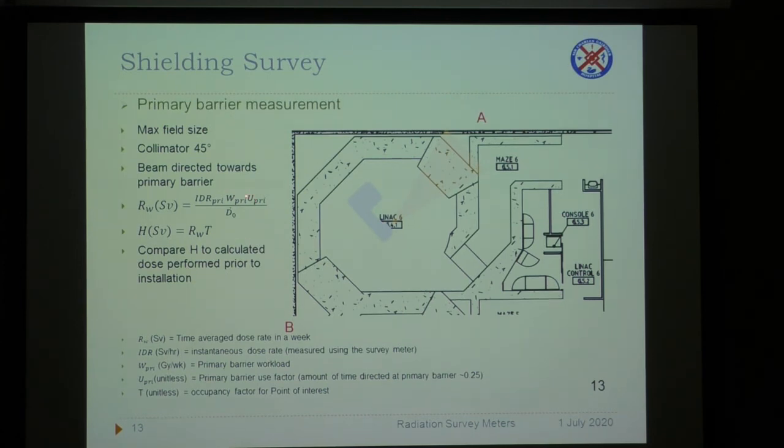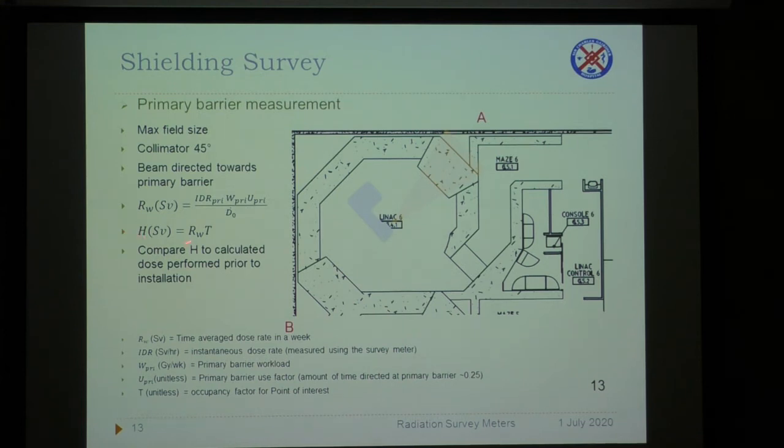Then your use factor, U, is how much of the time the beam will actually be directed at the wall. Generally for VMAT treatments it's roughly a quarter of the time, because if you divide every arc into 4 quadrants, it's at that wall for about a quarter of the time. And then this is your reference dose rate, D0.